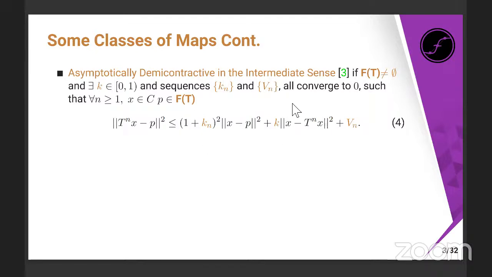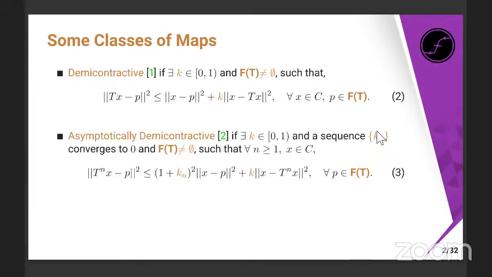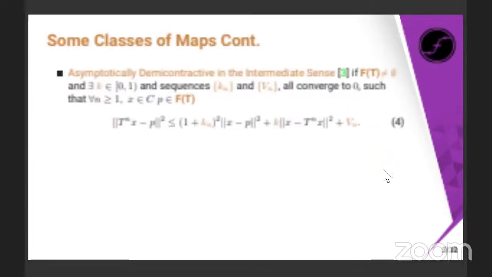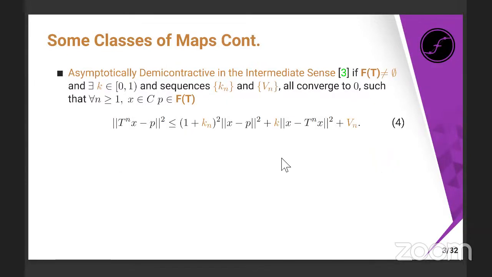This nonlinear mapping is more general because it contains many important classes of nonlinear mappings as special cases. With v_n equal to 0, this inequality reduces to what we have in inequality 3, meaning that asymptotically demi-contractive mapping is a special case of asymptotically demi-contractive mapping in the intermediate sense.